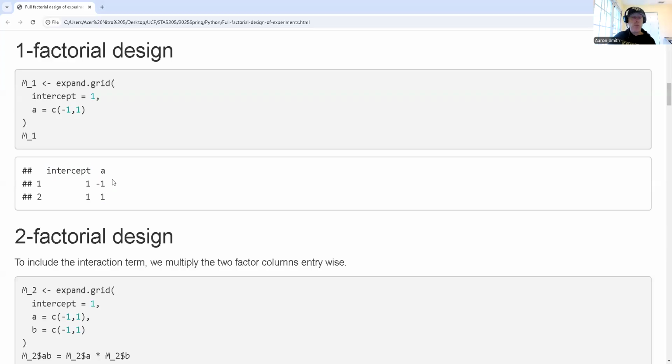Kind of interesting. And the intercept by itself is the intercept because it's all ones. That's not really that interesting. This is the simplest design I possibly have with an actual factor involved. Let's make this a little bit more complicated.